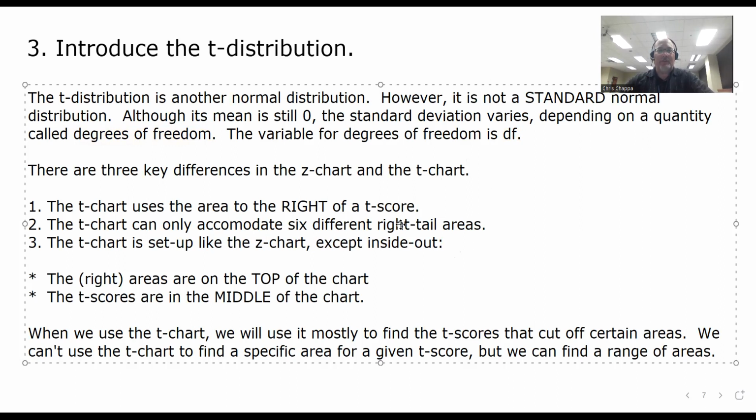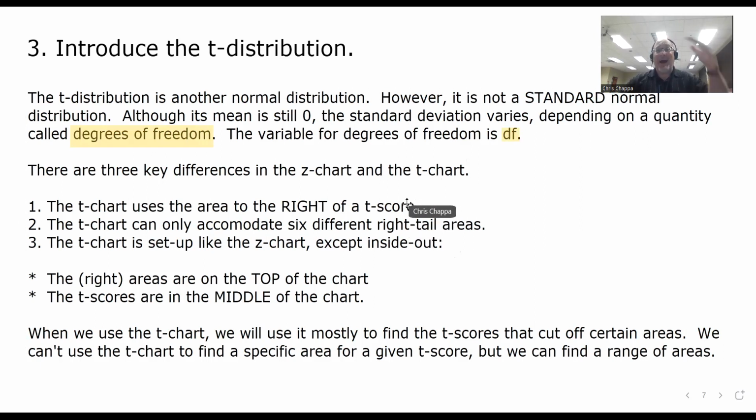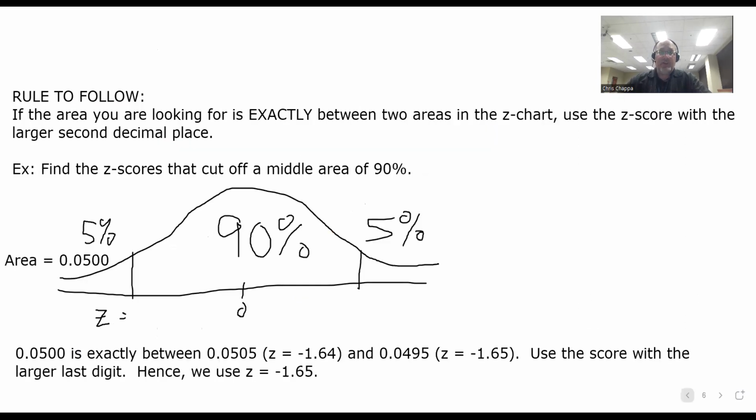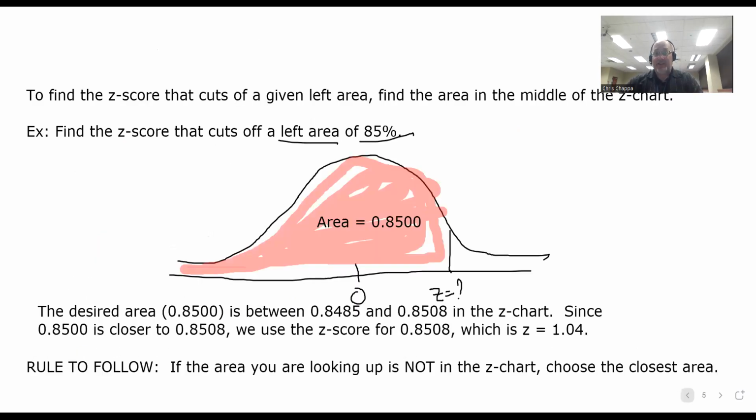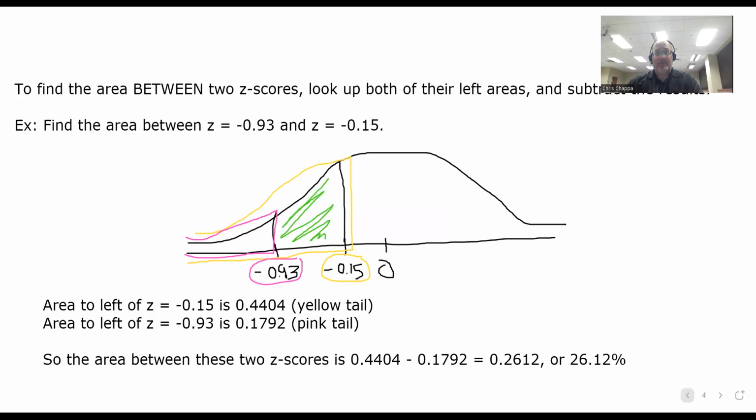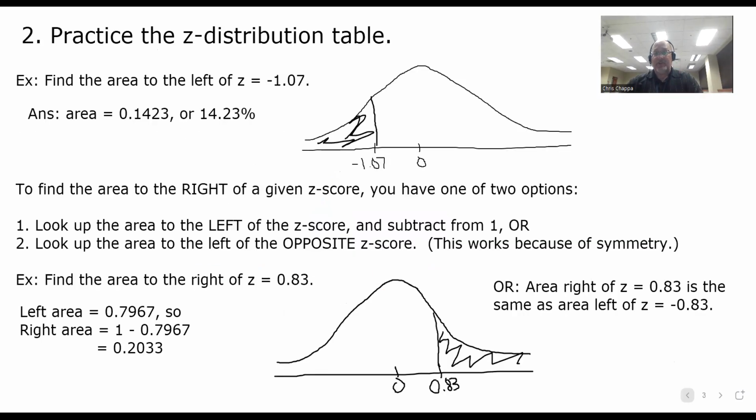Well, in the t-chart, the areas are on the top of the chart instead of in the middle, and the t-scores are in the middle of the chart instead of on the edges. When we use the t-chart, we use it mostly to find t-scores that cut off certain areas. We can't use the t-chart to find a specific area for a given t-score, but we can find a range of areas. Translations. Z-charts are made for problems like this and like this, but not for problems like this or this.